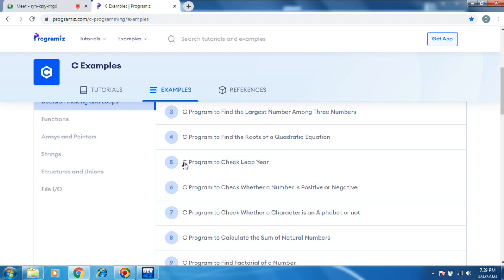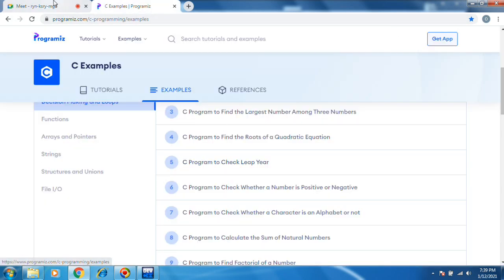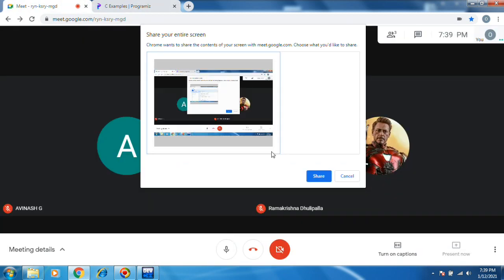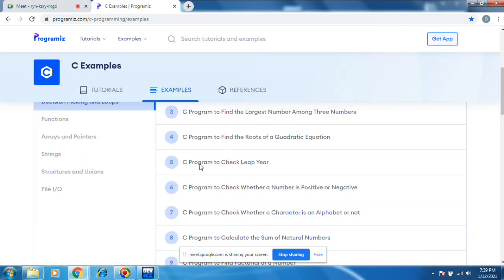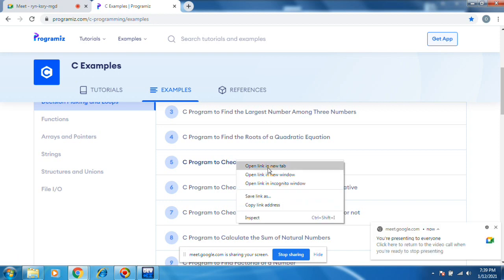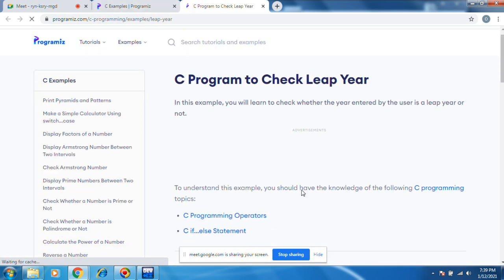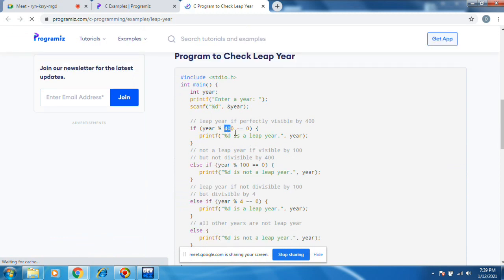Yeah, C program to check leap year. Leap year means the year divisible by 400 is a leap year.